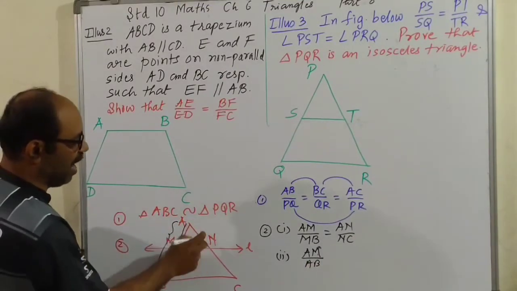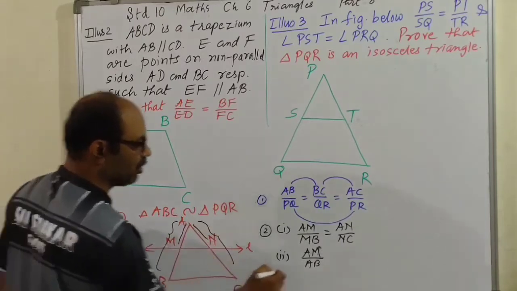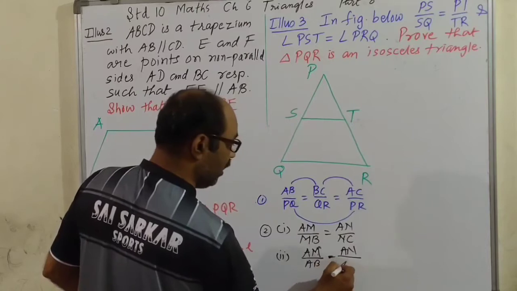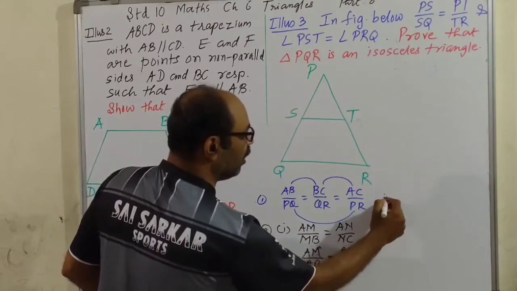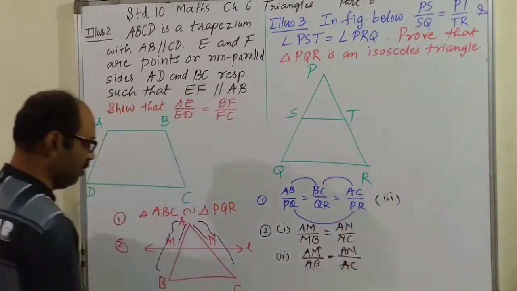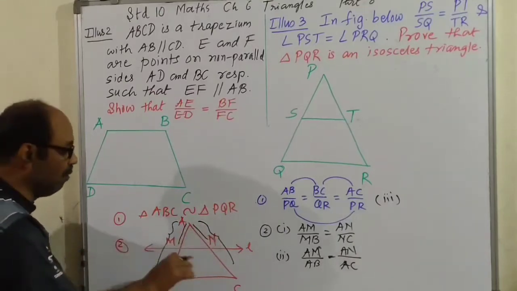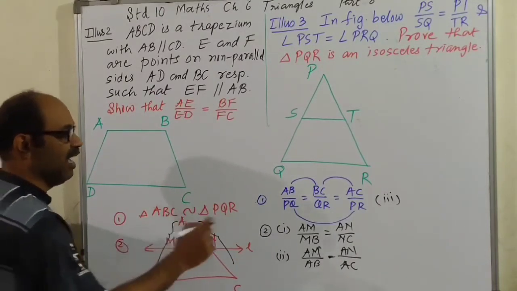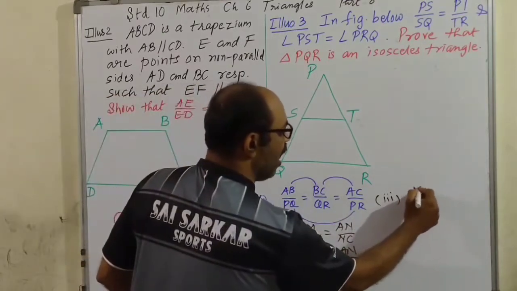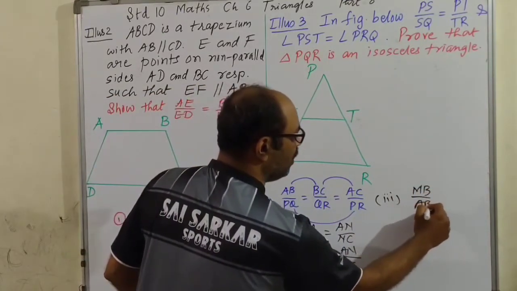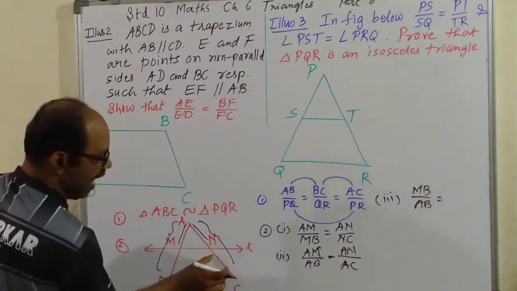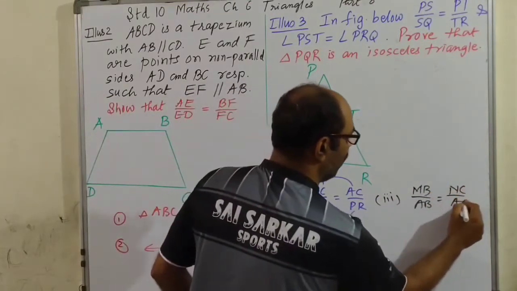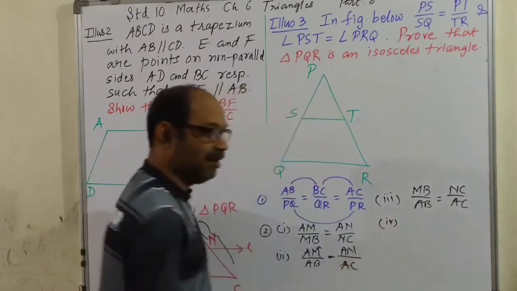In the same way, AN upon AC. So AM upon AB is equal to AN upon AC. Third, the lower parts, that is, the part below the line: MB upon AB is equal to NC upon AC.